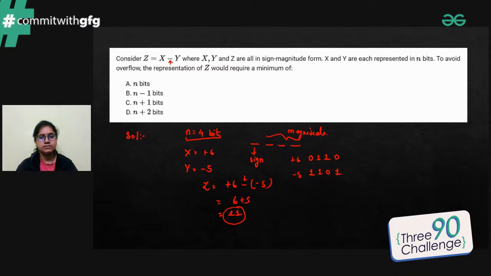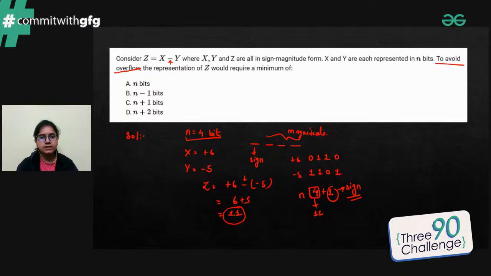Oh yes, 5 bits are required to represent 11. How the 5 bits? 4 bits to store 11 and 1 bit for the sign, so 4 plus 1. And can we avoid overflow from this?